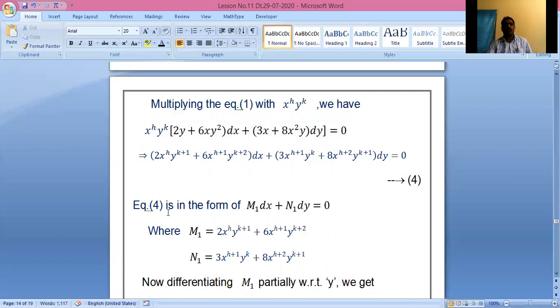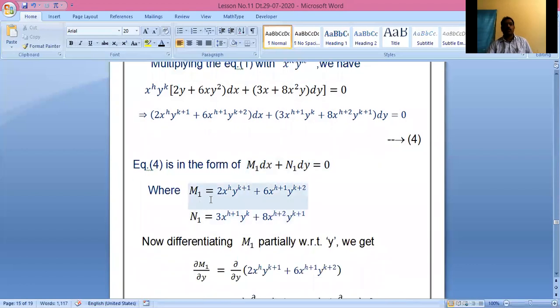Now equation 4 is in the form M1 dx + N1 dy = 0, where M1 is the coefficient of dx, that is 2x^h y^(k+1) + 6x^(h+1) y^(k+2), and N1 is the coefficient of dy. Therefore N1 = 3x^(h+1) y^k + 8x^(h+2) y^(k+1).